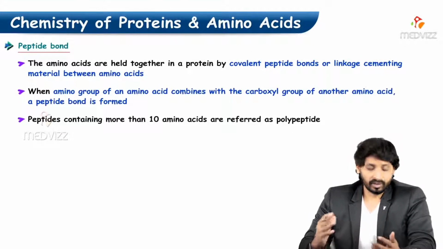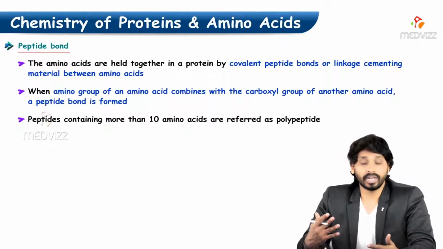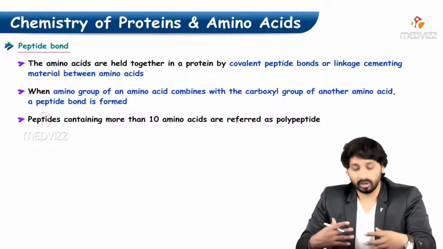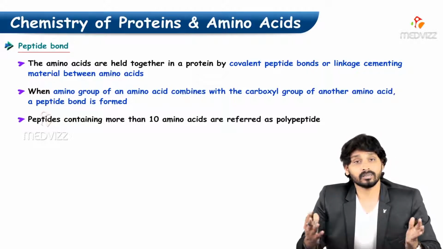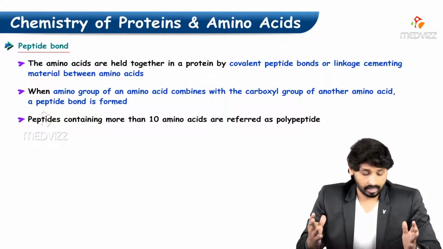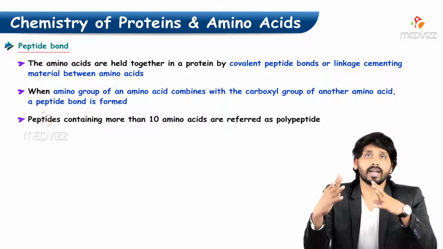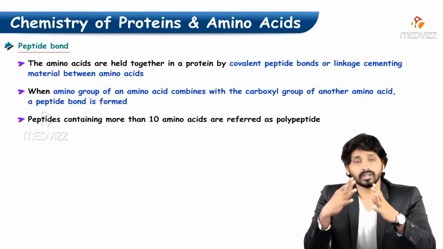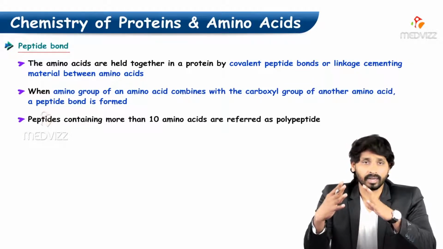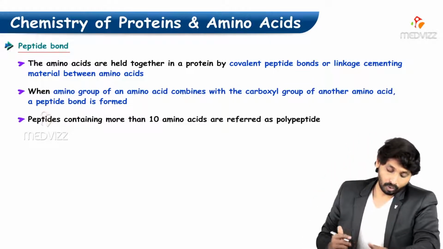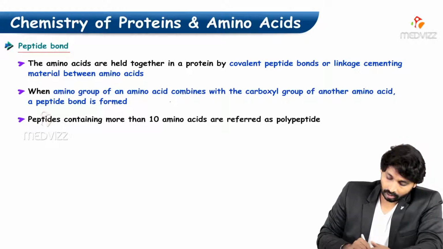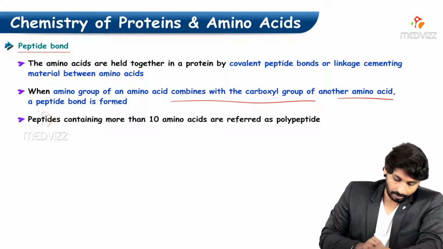So the amino acids which are held together in protein by covalent peptide bonds are linkages cementing them together, acting as an adherent from one amino acid to the other. When the amino group of one amino acid combines with the carboxylic group of another amino acid, a peptide bond is formed.